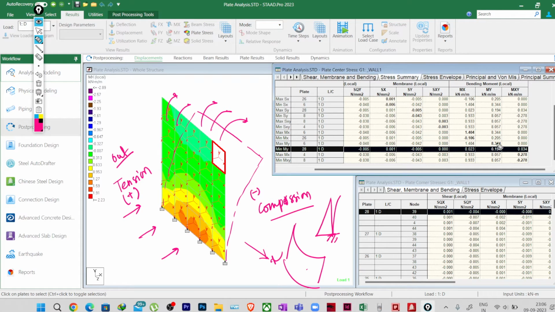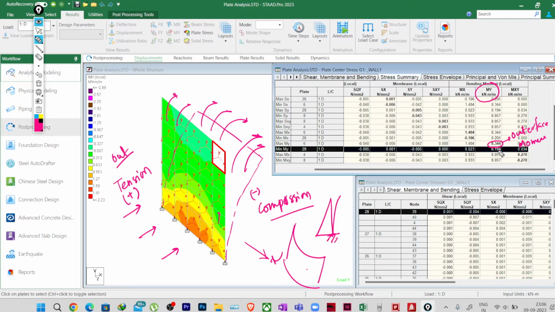So what you understood, that this 8.344 is my outer face moment. Okay, and as this is a cantilever wall, the bending along the y direction, this local axis y direction, will be my major bending.